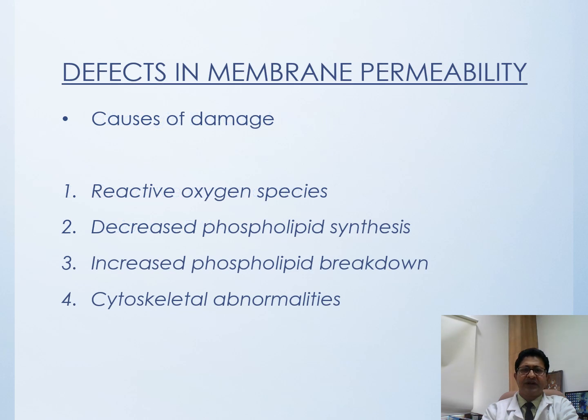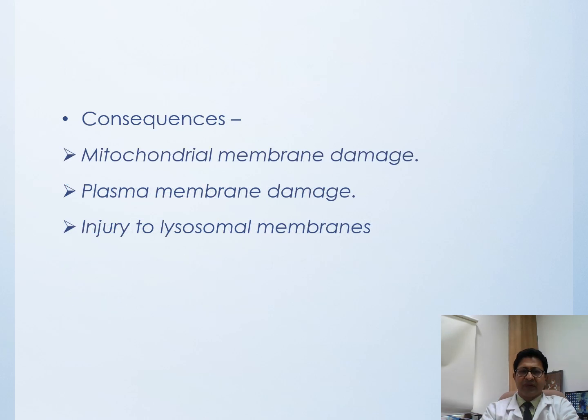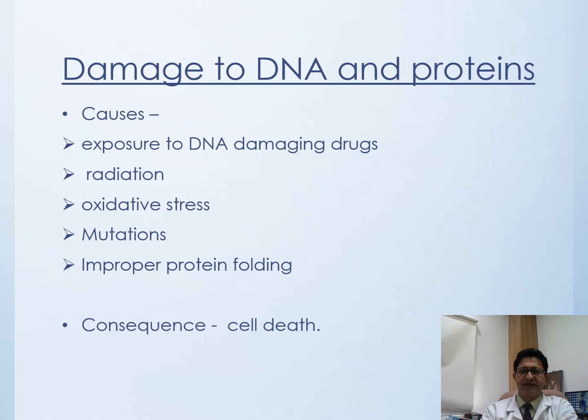Now, when you see the defects in the membrane permeability, the causes of the damage could again be the reactive oxygen species, decreased phospholipid synthesis, increased phospholipid breakdown, and cytoskeletal abnormalities. Mitochondrial membrane damage could be one of the major consequences. Along with that, we can have plasma membrane damage and injury to the lysosomal membrane.